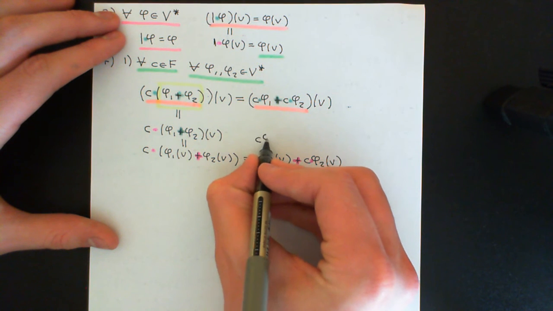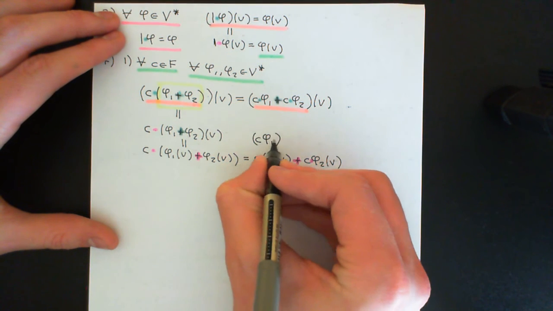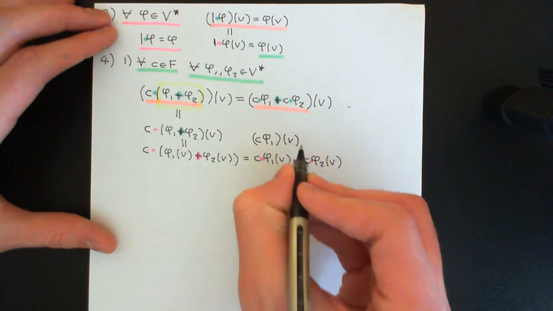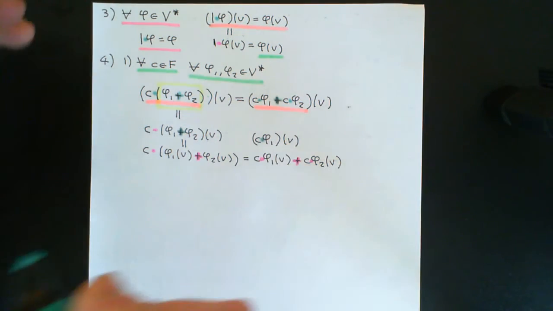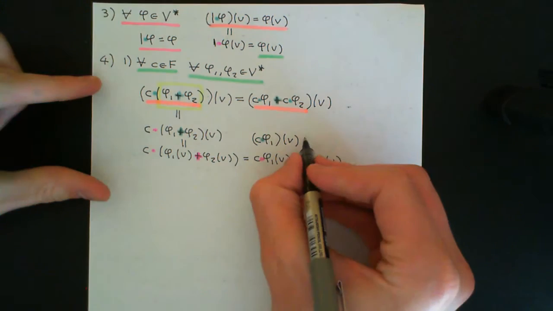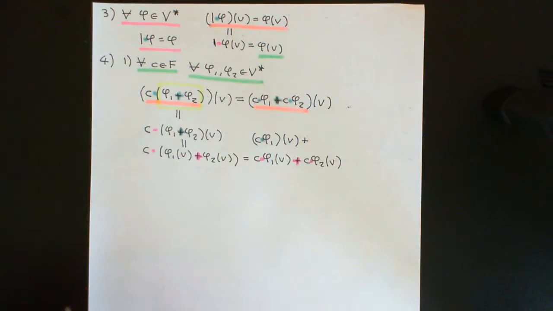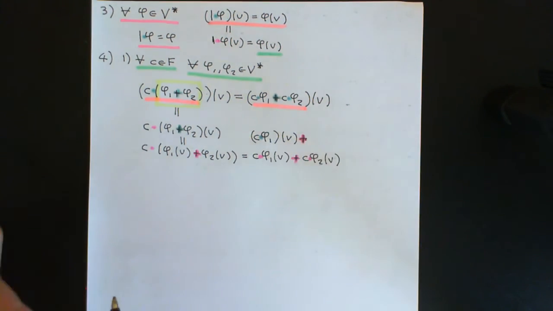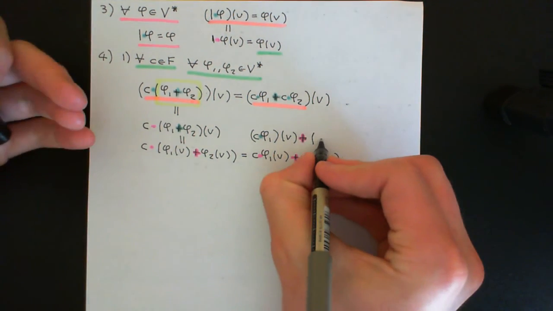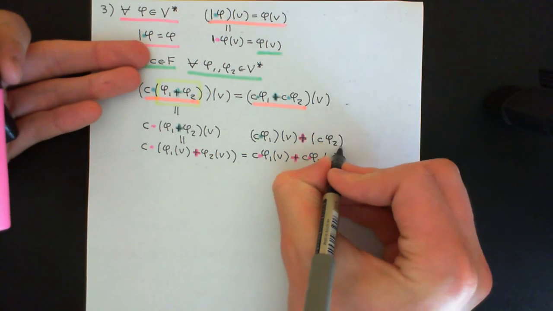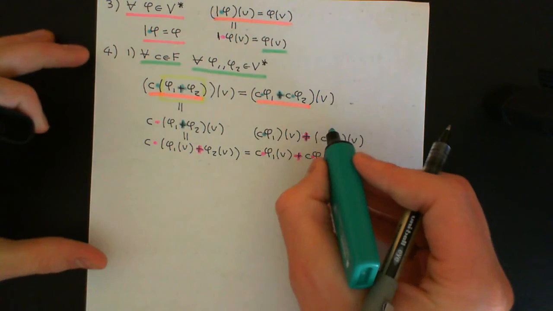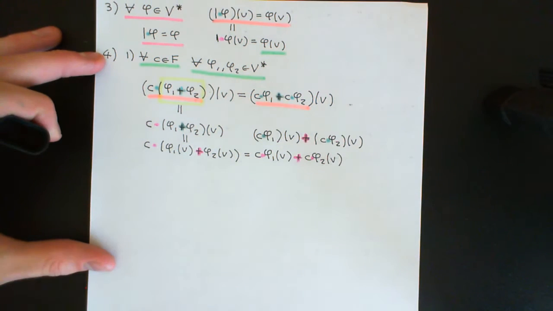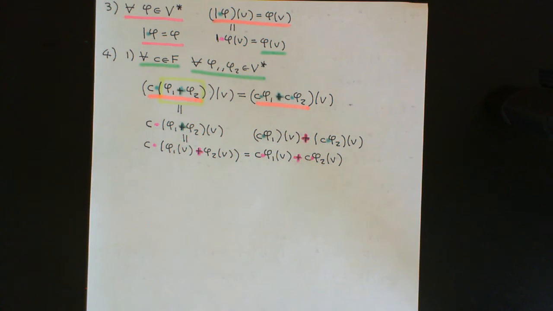So this will be c scalar multiplied by v1 of v, where now this is scalar multiplication in the dual vector space, and then we'll leave the addition for now, that's still in the field, and we'll add it to c scalar multiplied with v2 of v, like so, where again this is scalar multiplication now in our dual vector space.